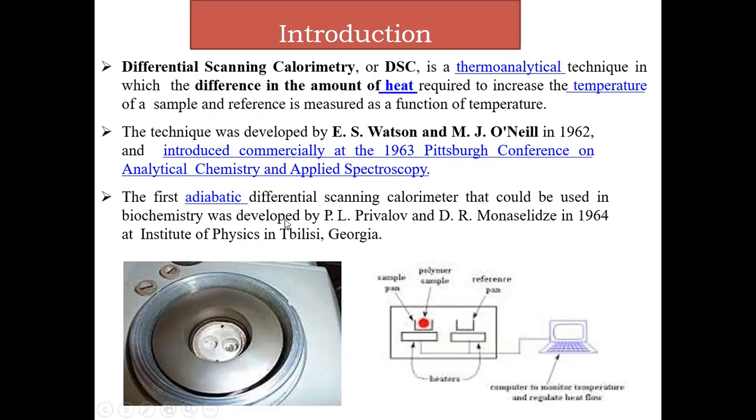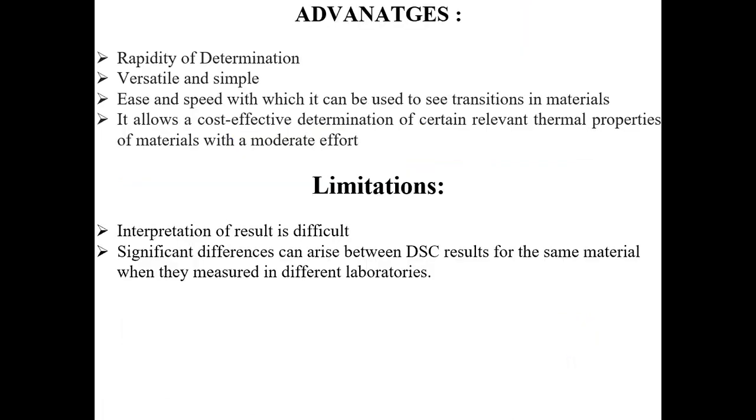The first adiabatic DSC that could be used in biochemistry was developed by P.L. Privalov and Dr. Monaselidze in 1964 at the Institute of Physics in Georgia. This is the basic history of DSC, how and when it came out. Coming to the advantages of this technique.